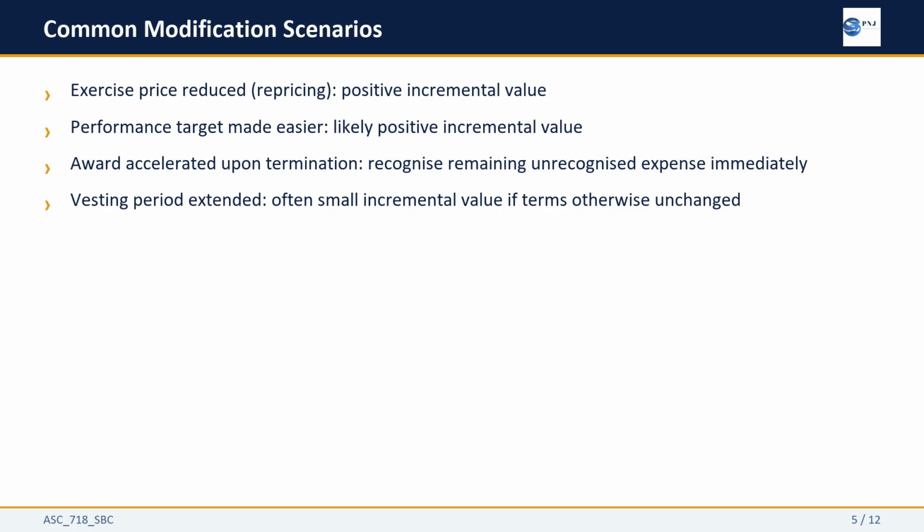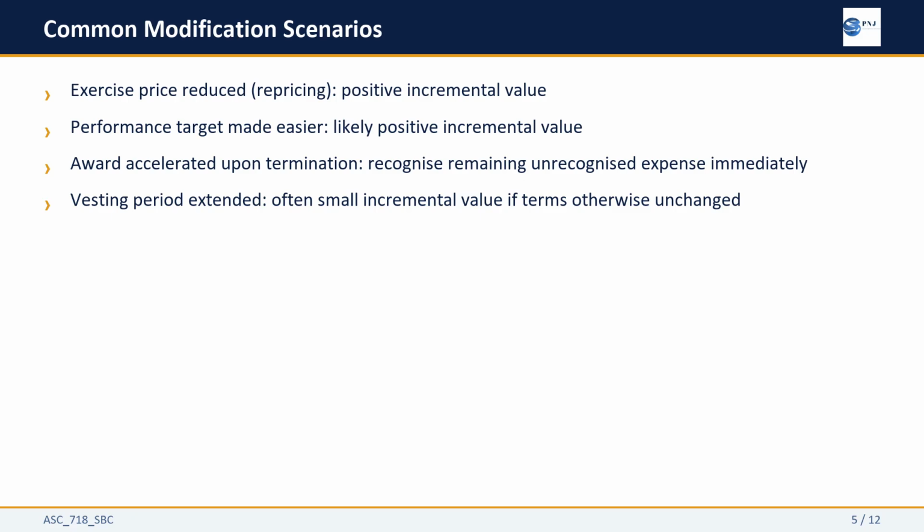If the original options were deeply underwater, that original fair value may be small, making the incremental amount large. When a performance target is made easier, say, lowering the revenue hurdle, the result is typically a positive incremental value because more awards are now expected to vest at a higher probability.